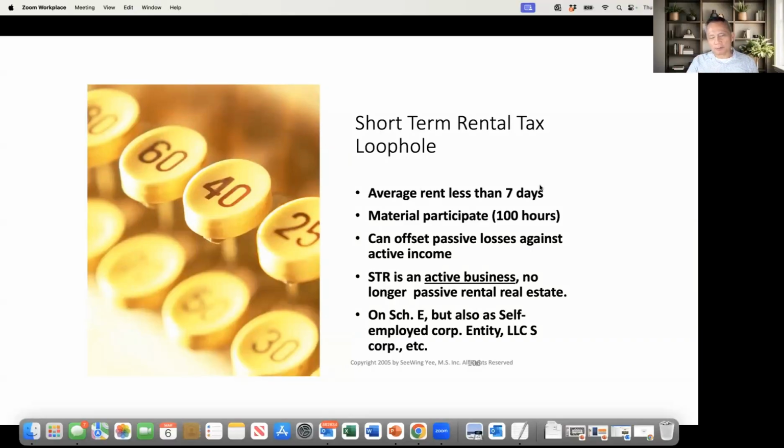Assuming you want to become a short-term rental owner, you want to get into the hotel business, you are running a hospitality business, you are almost a full-time investor. To me, being a full-time investor is brain damage.